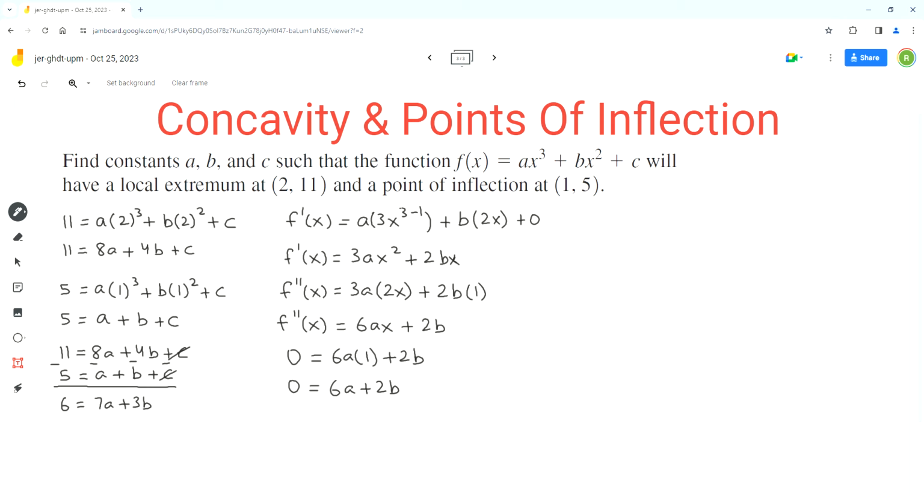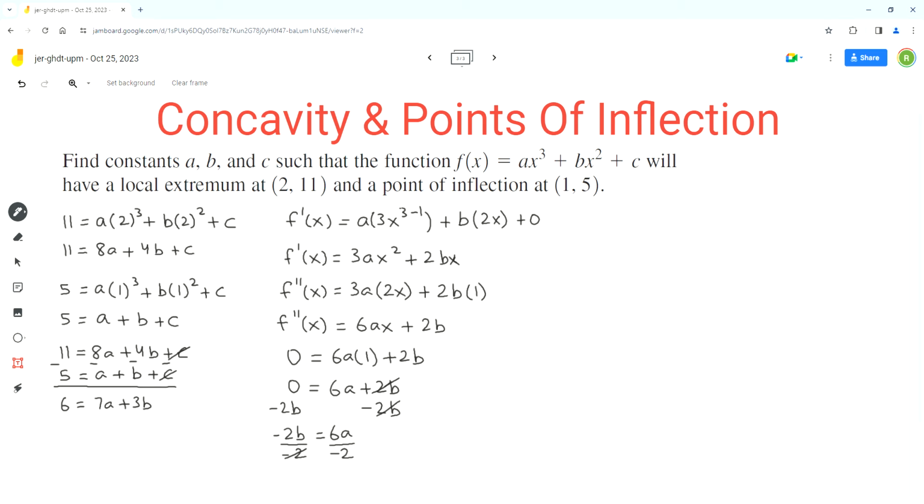Now we can isolate b in this equation. So we can move 2b to the left side. So we can subtract 2b from both sides. So the 2b on the right side will get cancelled out. So we get negative 2b equals 6a. And now we can divide both sides by negative 2.